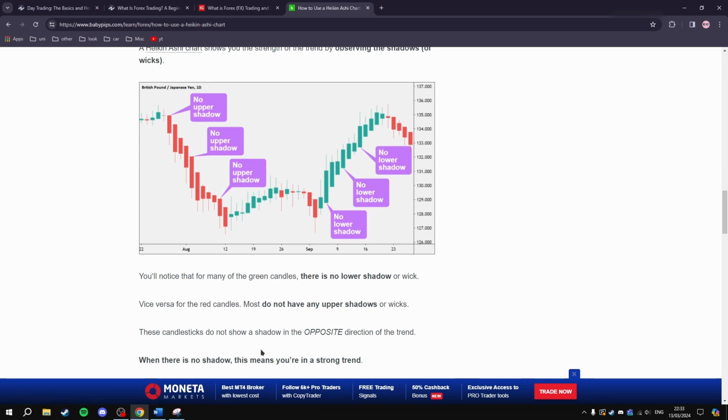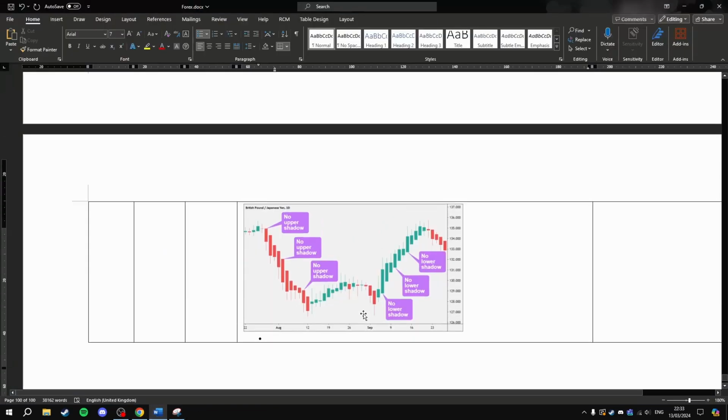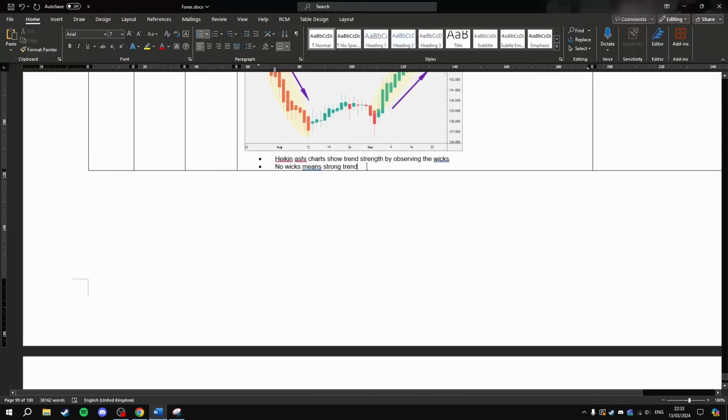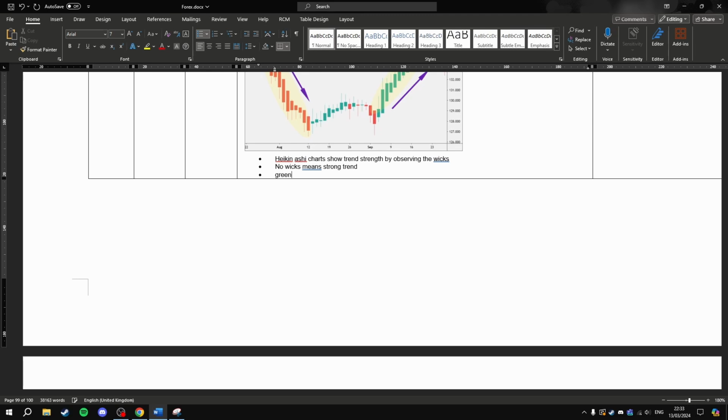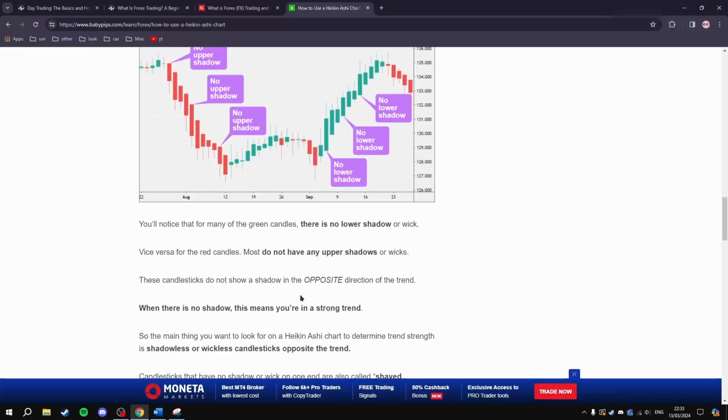Green candles have no lower shadow or wick, but there are still some that have wicks though.